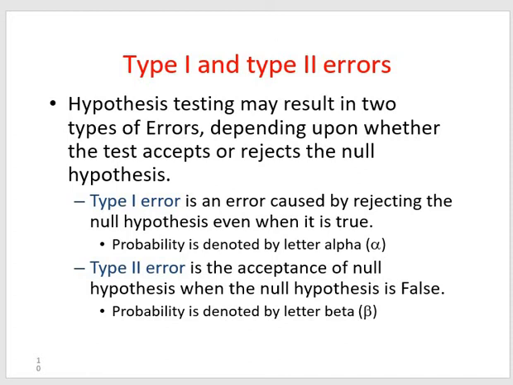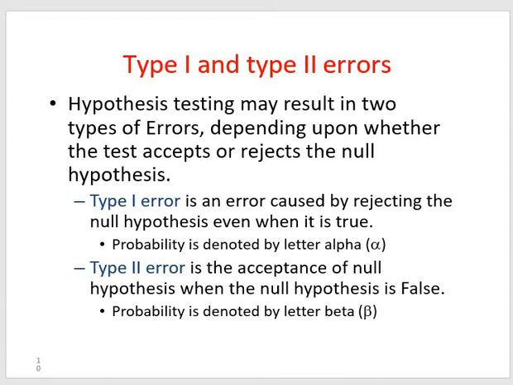When you have done the hypothesis testing, there are chances that you will get two types of errors depending upon whether the test accepts or rejects the null hypothesis. If your test accepts the null hypothesis, there are chances that you are going to generate one error. And if your test rejects the hypothesis, then also one of the errors may have occurred.